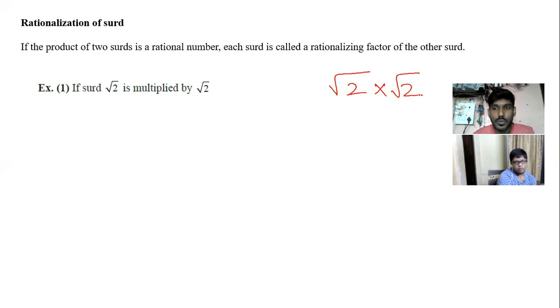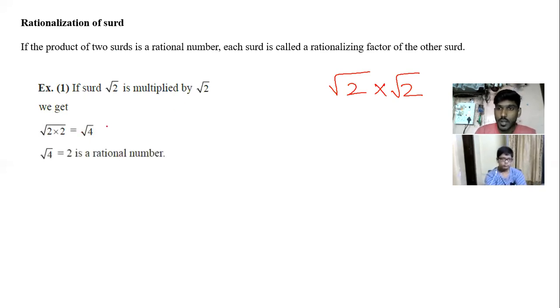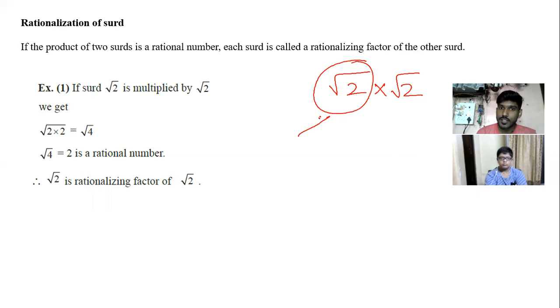So what is the square root of 4? 2. As you said, root 2 into root 2 will give you root 4, and the square root of 4 is 2. And note that 2 is a rational number. So you are multiplying this surd with another surd and you get a rational number.